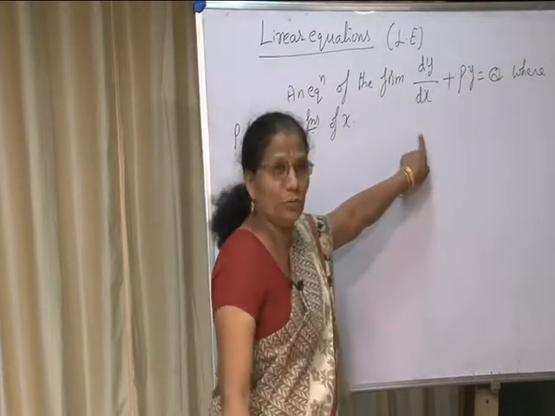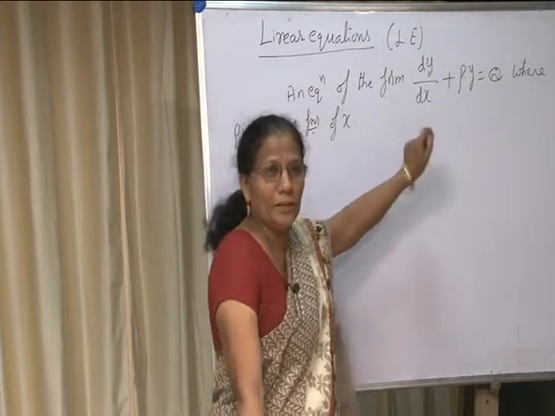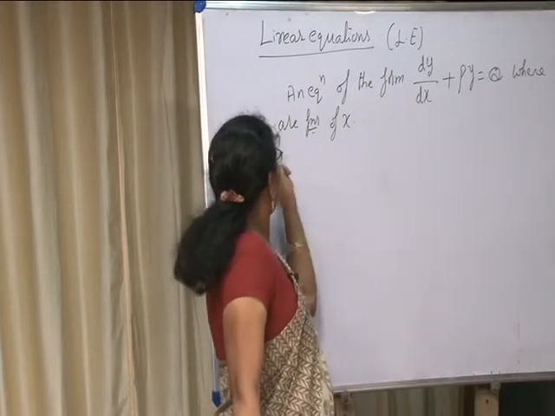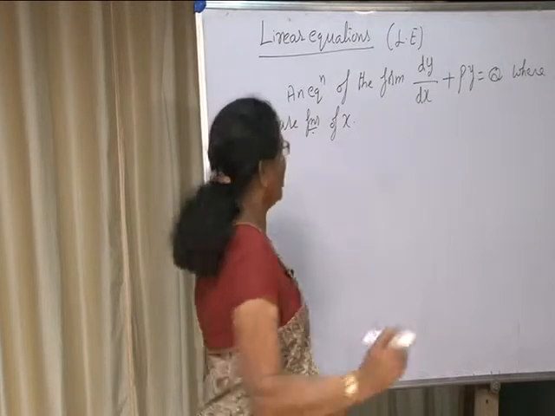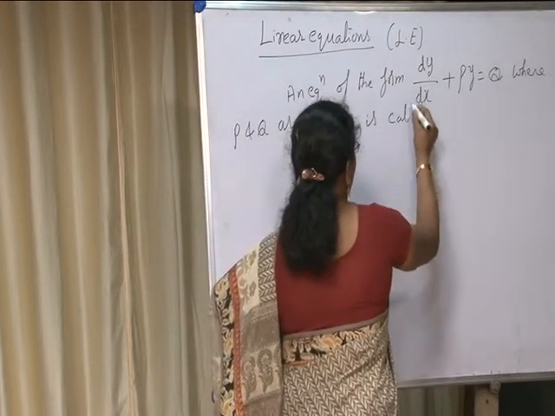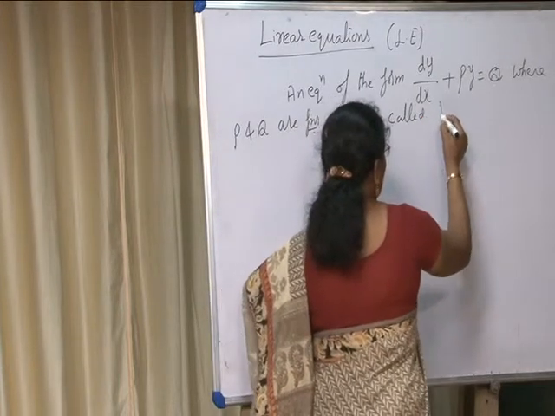An equation of the form dy by dx plus py is equal to q, where p and q are functions of x is called linear differential equation.